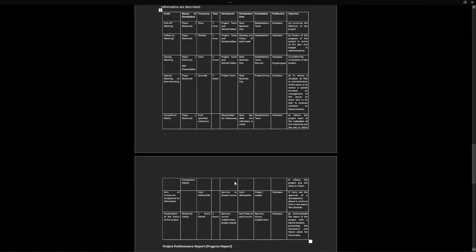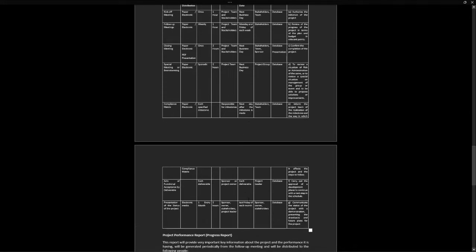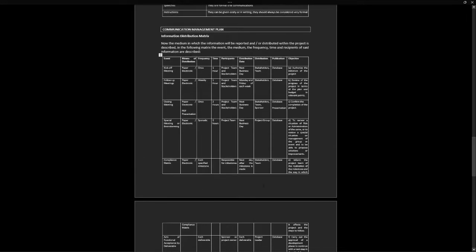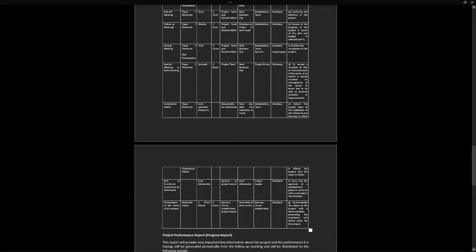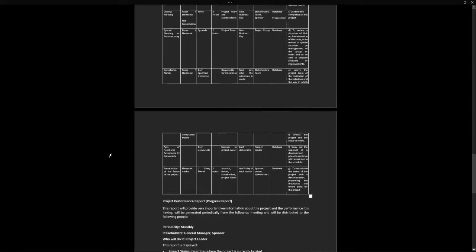The sponsor, very important, and the project owner. Distribution date also depends on each deliverable. The distribution to the project leader, also stored in database, and the objective of it is to carry out the approval of a development phase to continue with the next step in the schedule.